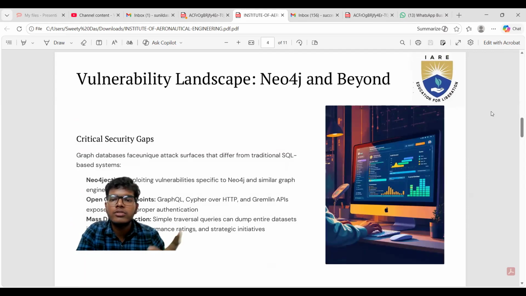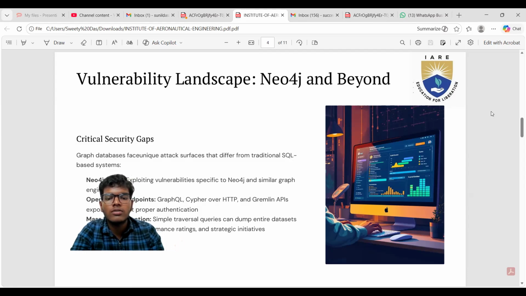Vulnerability landscape, Neo4j and beyond. Neo4j is basically a software for graph databases. When you look at the landscape, especially with tools like Neo4j, we see critical gaps. We are dealing with things like Cypher injection, which is essentially the graph version of SQL injection.